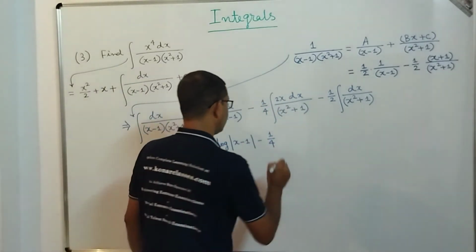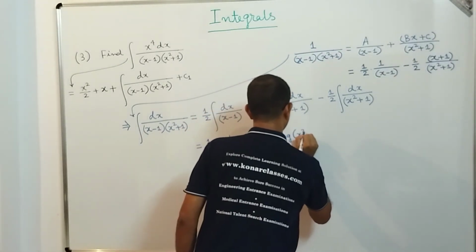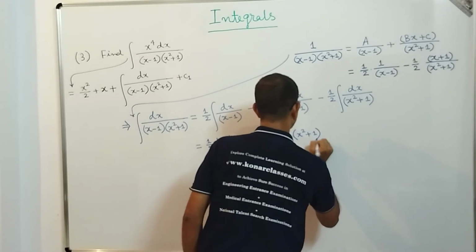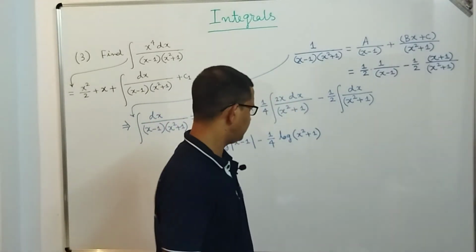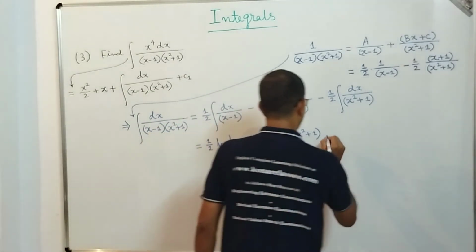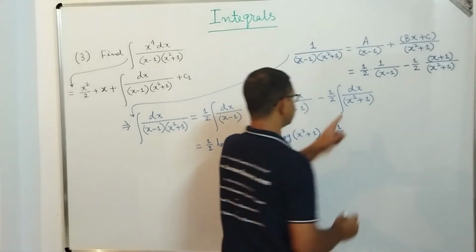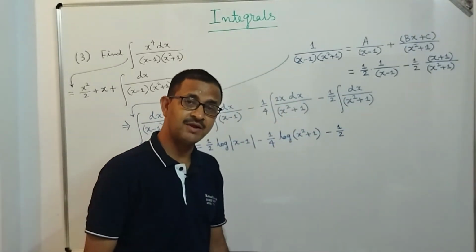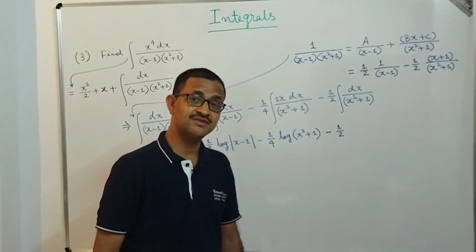So that should be equal to log of x square plus 1. I am not giving any mod on x square plus 1 because x square plus 1 is anyway positive irrespective of x being negative or positive. And minus 1 by 2 integration dx by x square plus 1, that means it is in the form of integration dx by x square plus a square.